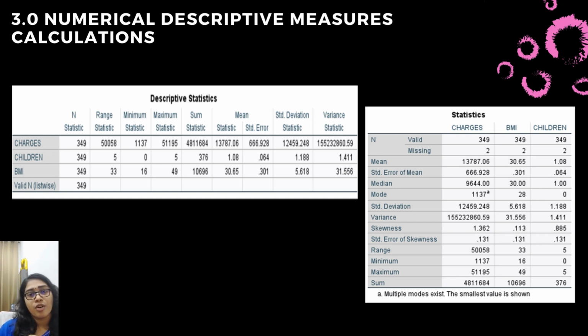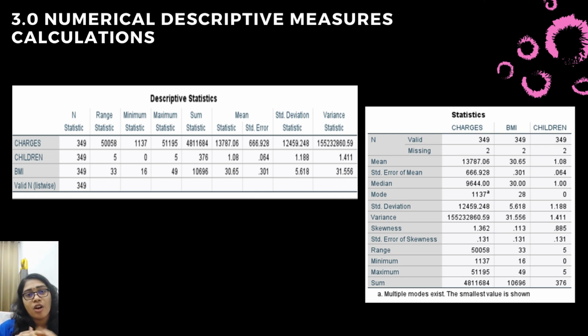Standard deviation for charges is 12,459.248, for BMI is 4.618, for children is 1.188. Variance for charges is 155,232,860.59, for BMI is 31.556, for children is 1.411.